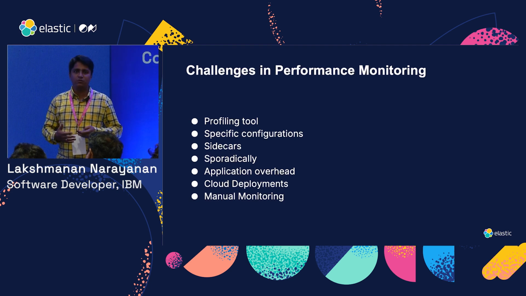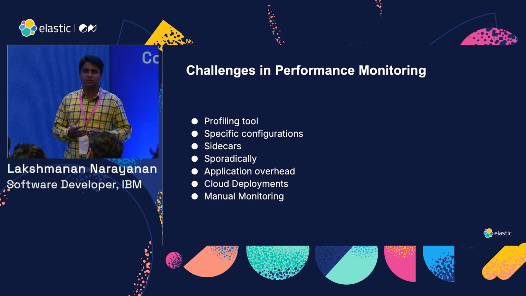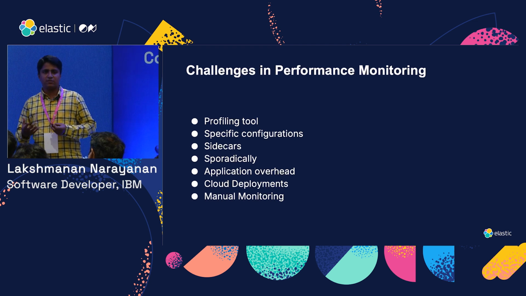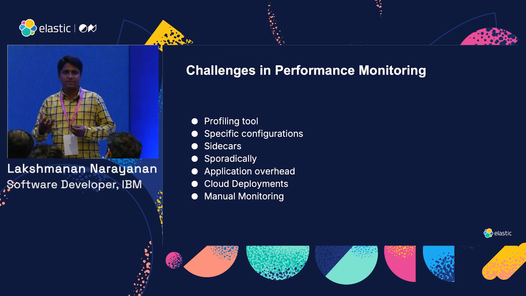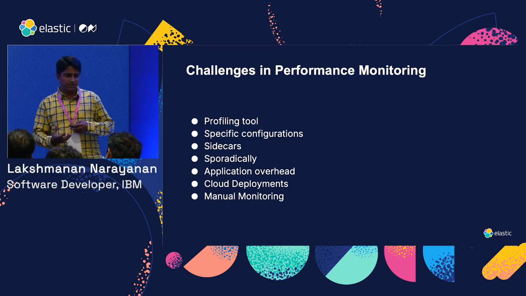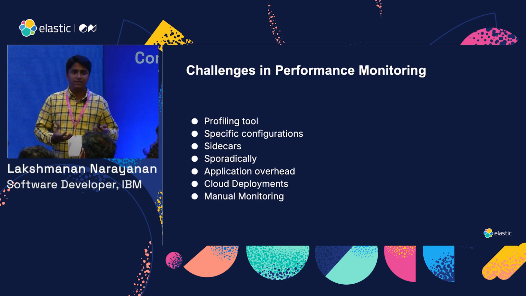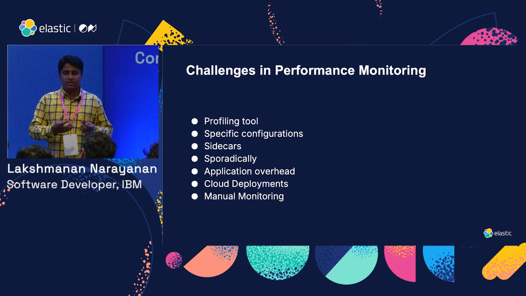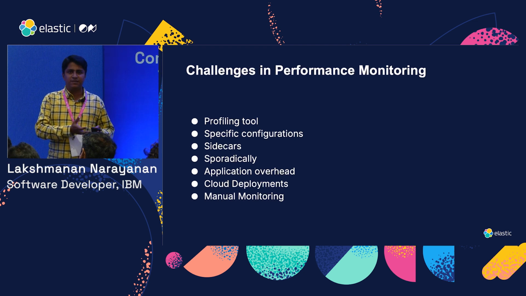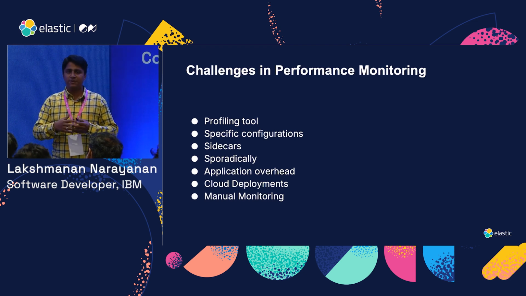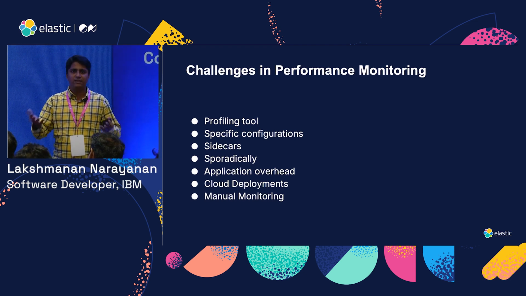Now if we want to do anything, it will be very difficult for us to do the profiling in the cloud, because we need to either re-image that with the specific configuration or the profiling tool, or we need to get the help from the DevOps or the cloud ops to deploy the specific image to the prod, so that we will be able to profile the data.